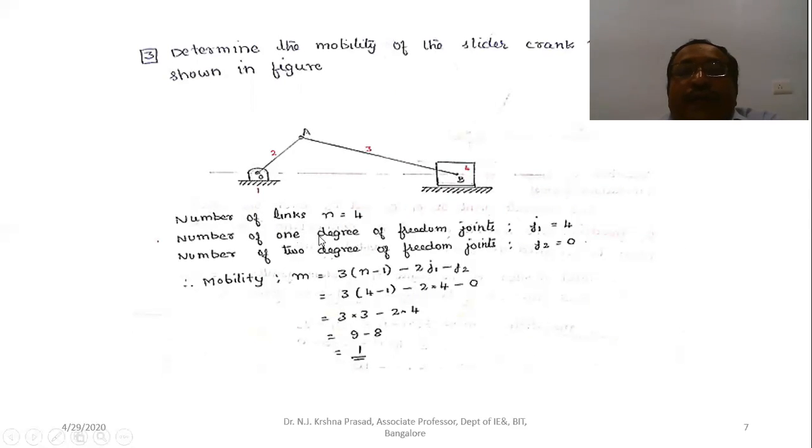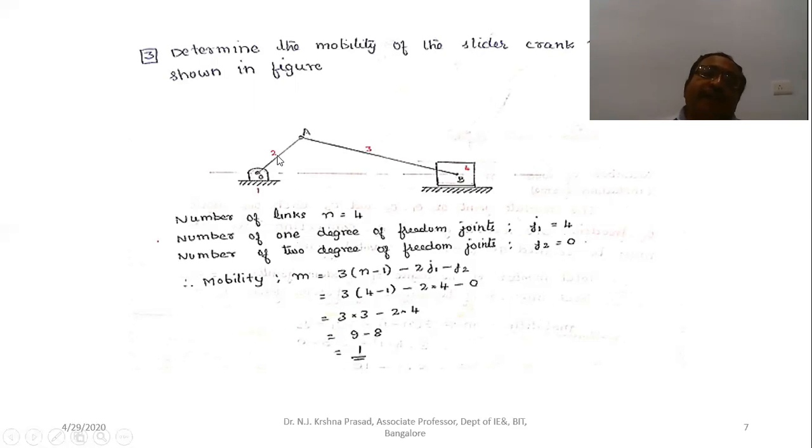The 1 degree of freedom joints are at point O, point A, point B, and between link 4 and link 1. So the total number of 1 degree of freedom joints is 4. Here no 2 degree of freedom joints are observed, so the J2 value is 0. When I substitute these values here, you will get the value of 1.